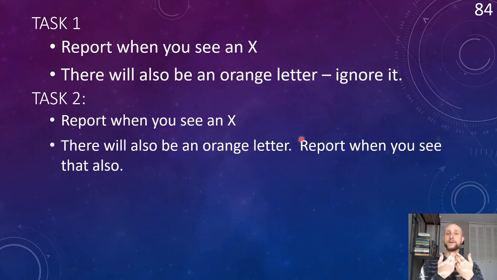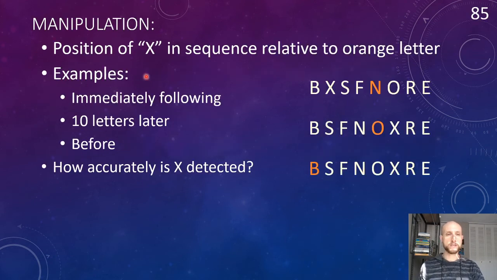I had you then go through a similar procedure, but instead of ignoring the orange letter, I wanted you to report the orange letter, just by saying, yes, I saw the orange letter, and then also report when you saw the X. So here's a diagram. B, X, F, S, N, O, R, E, right? So you report the X, and on the first pass, you ignore the orange letter.